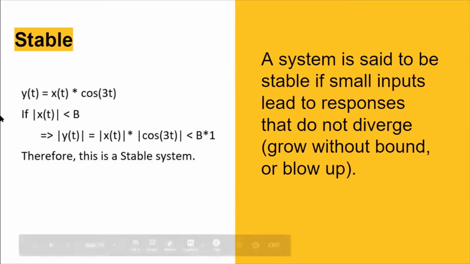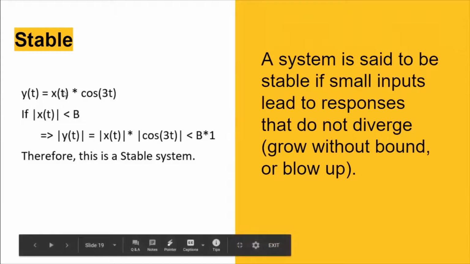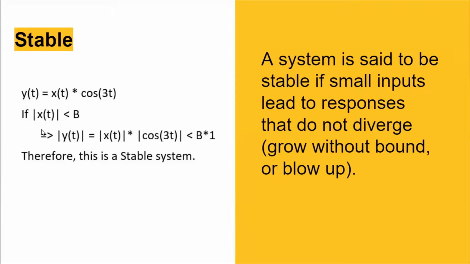So how this math works here is we have y of t equals x of t times the cosine of 3t. For the first part, we're going to assume that x of t is a bounded number, basically that x of t is less than infinity. It's going to be a finite number, or at least its absolute value.